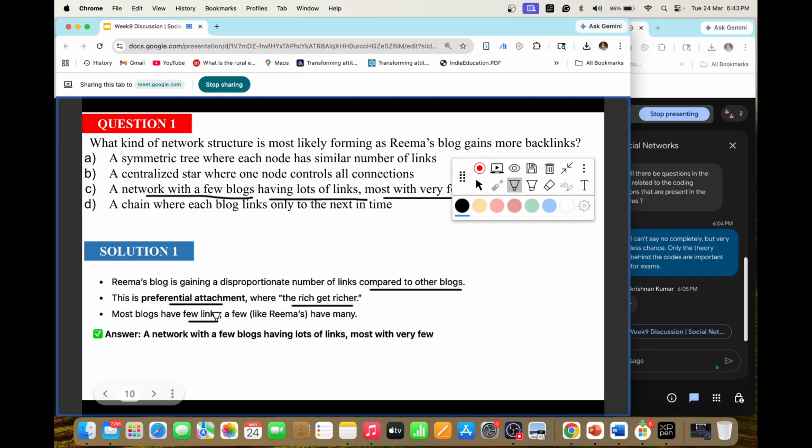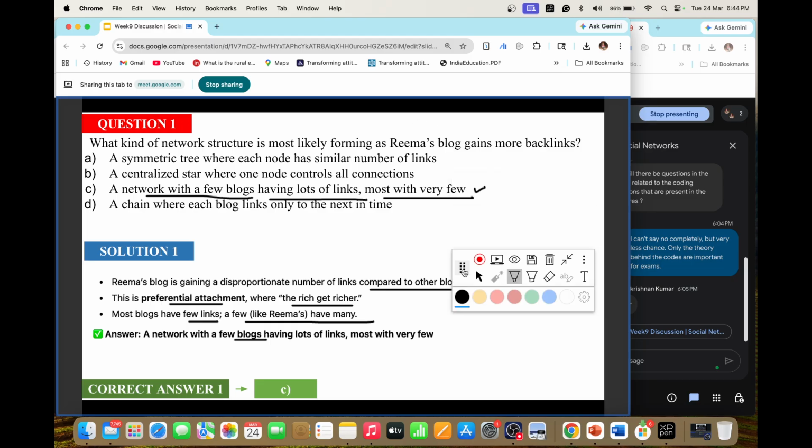Most blogs have few links, while a few, like Rima's, have many. So option C is the correct answer for question number 1.